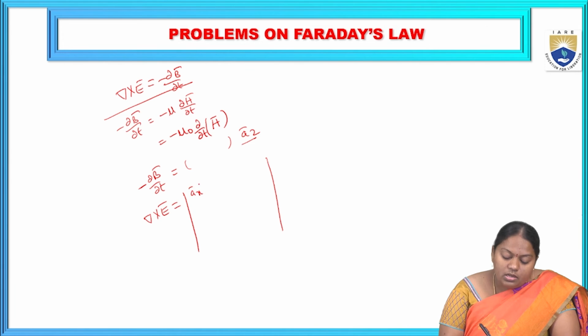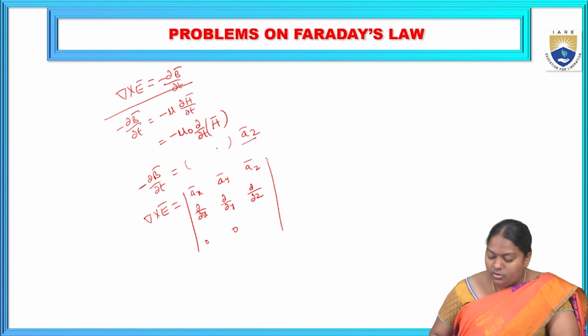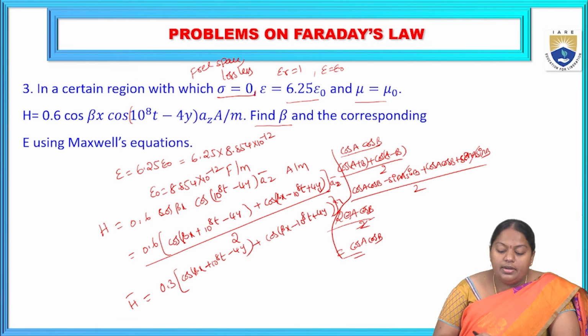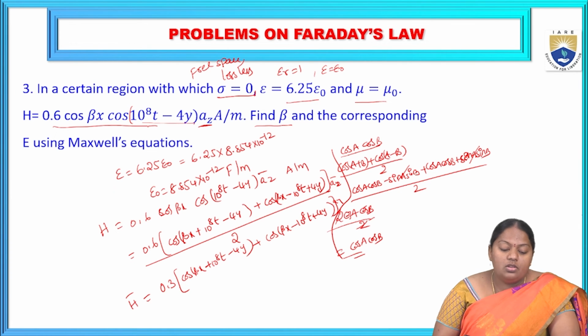First, in determinant form, we write ax, ay, az, and partial derivative terms with respect to the three directions as ∂/∂x, ∂/∂y, and ∂/∂z, and the x and y components become 0. Why? Because all the H value is to be evaluated with respect to z only. So here the complete H value needs to be considered as 0.6 cos βx cos(10^8 t − 4y).